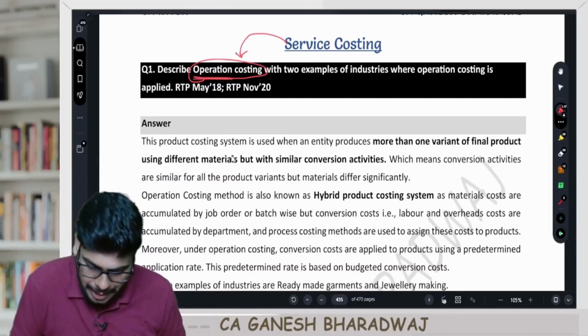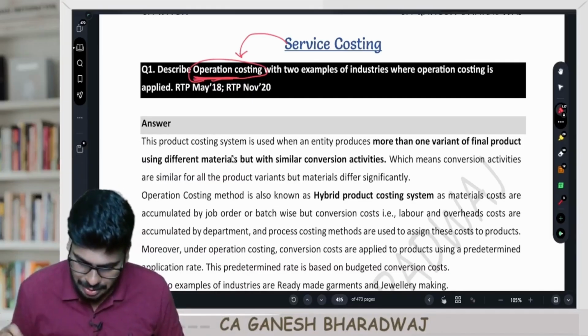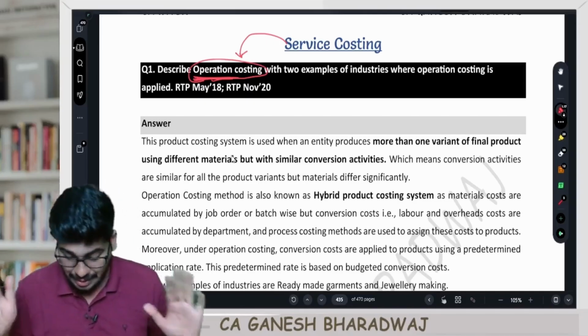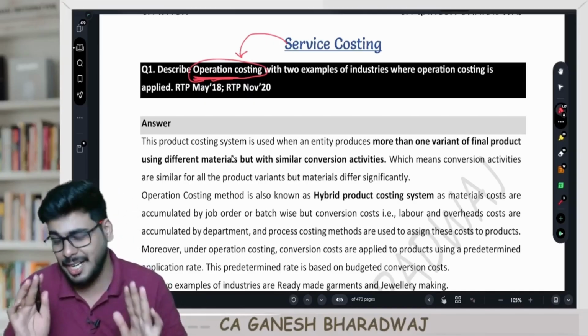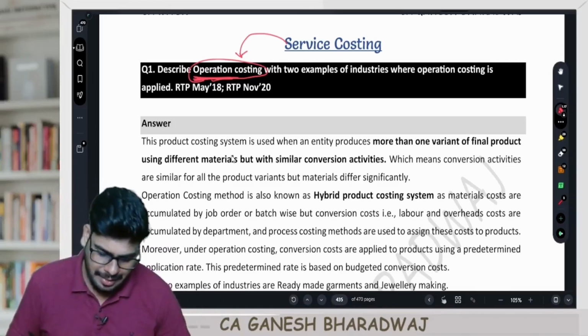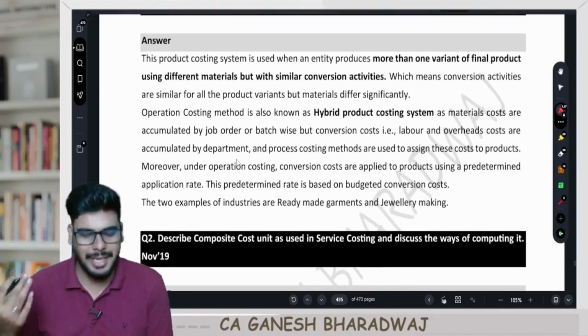Ideally, it's actually operating costing, not operation. They have given this. Anyways, they have asked you for examples of two industries. You can bring in any industries.